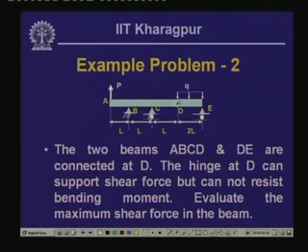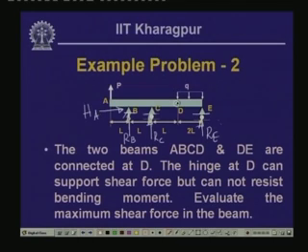Now, if we look into the reactive forces, here we have the vertical force, here you have the horizontal force, here you have the vertical force, and here you have the vertical force. So, this is RB, this is RC, and this is RE. Now, here you have a horizontal force HA.